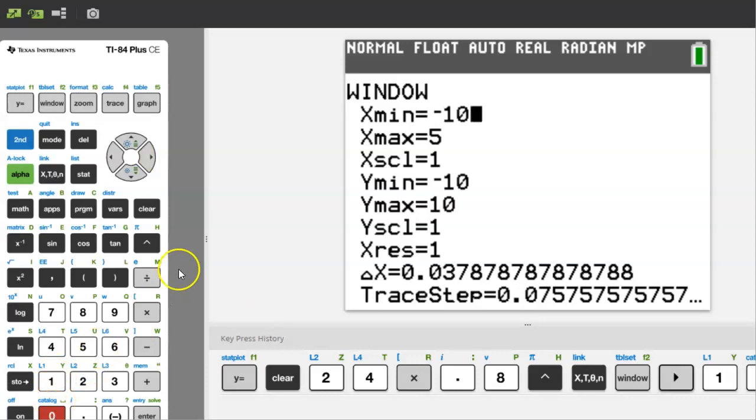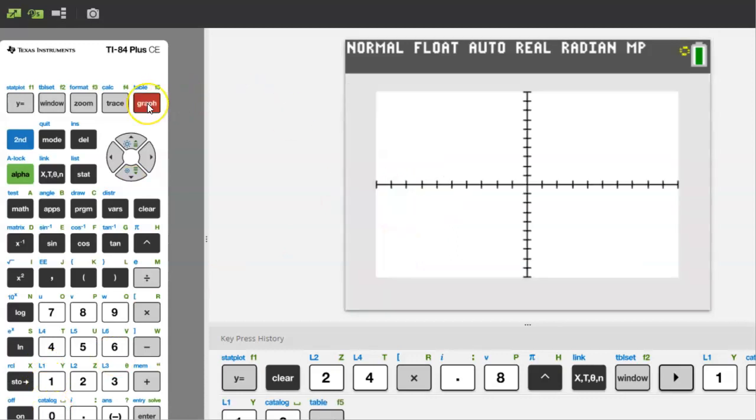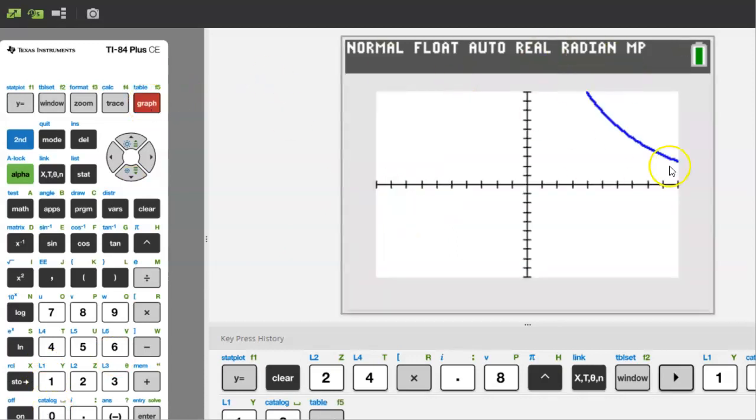So do negative 10 to positive 10. And everything else looks good. So let's look at the graph. And you can see that when I look at this graph, I can't see everything. Now remember, this is a story problem, so we're not going to have a negative value for x or a negative value for the value of the car. So let's change our window settings.